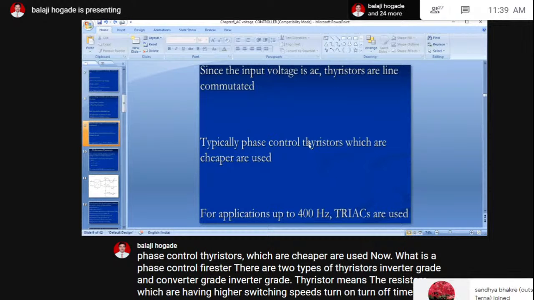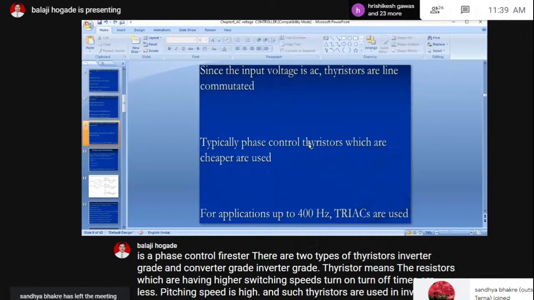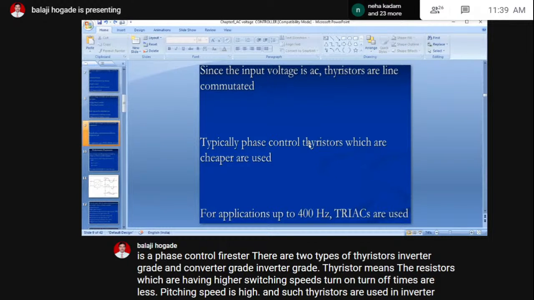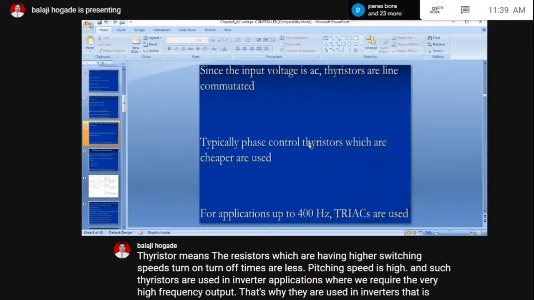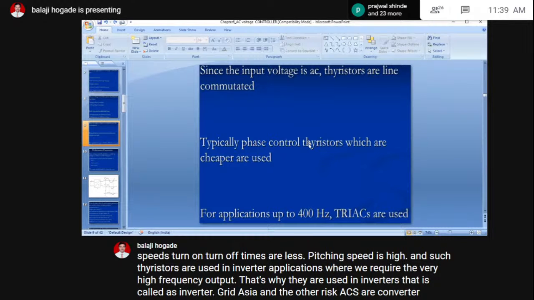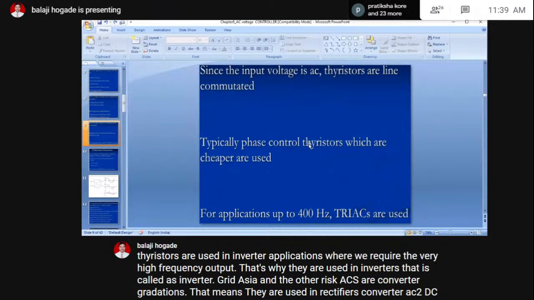Such thyristors are used in inverter applications where we require very high frequency output. That's why they are called inverter grade SCRs, and the other SCRs are converter grade SCRs. They are used in rectifiers, AC to DC conversion, where frequency is not that important.